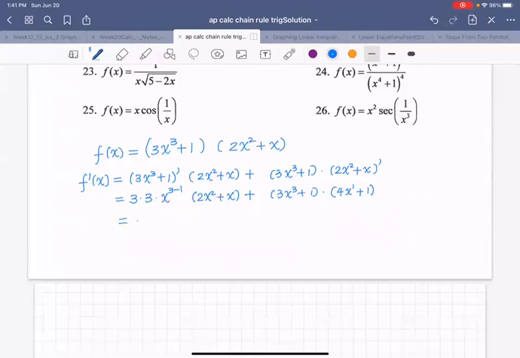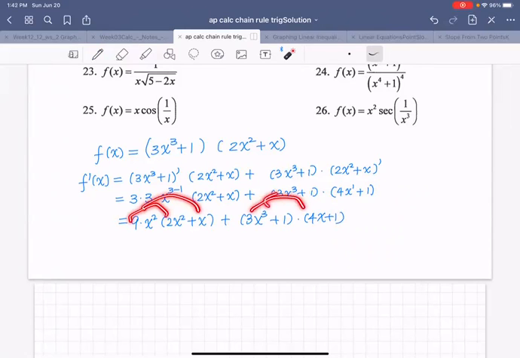Now we'll continue next. 9x squared times 2x squared plus x, plus 3x cubed plus 1 times 4x plus 1. Okay, and then you can times them individually.